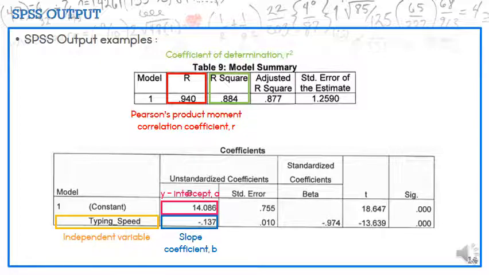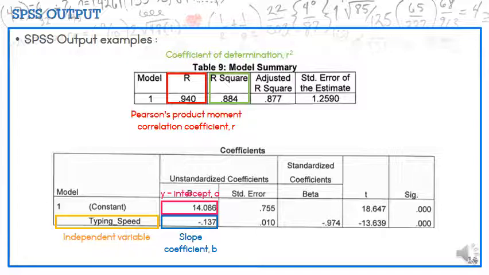And this is another output, where in this output, kita boleh dapatkan the coefficient of determination R squared and also your regression equation. So R here, okay, this red color R equivalent to 0.940 is your Pearson product moment correlation coefficient R, and the green box is your R squared.